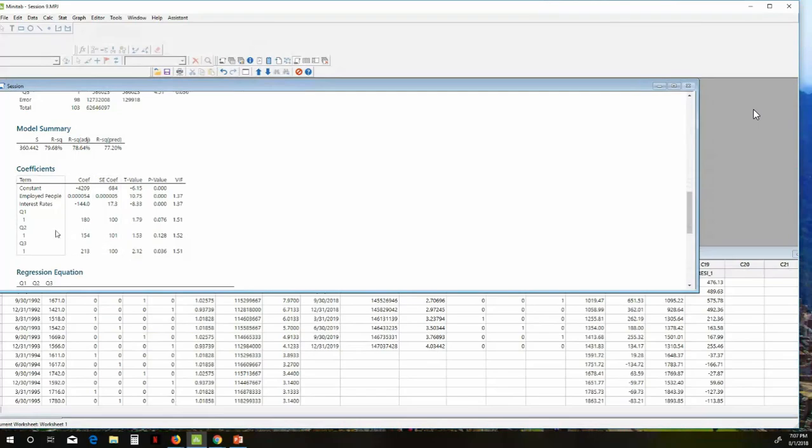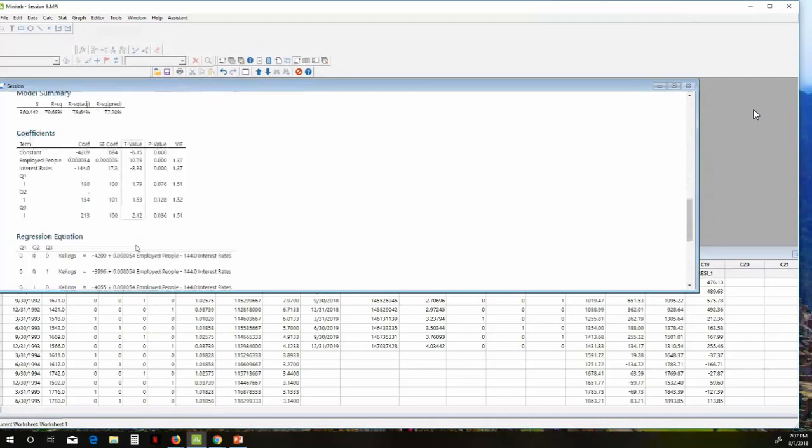Any other dummy variable or variable has to be standalone. But since these are treated as a group, if one of them passes as being significant, the entire group, the Q1 and the Q2, can also be used. So that means you don't have to drop these out.